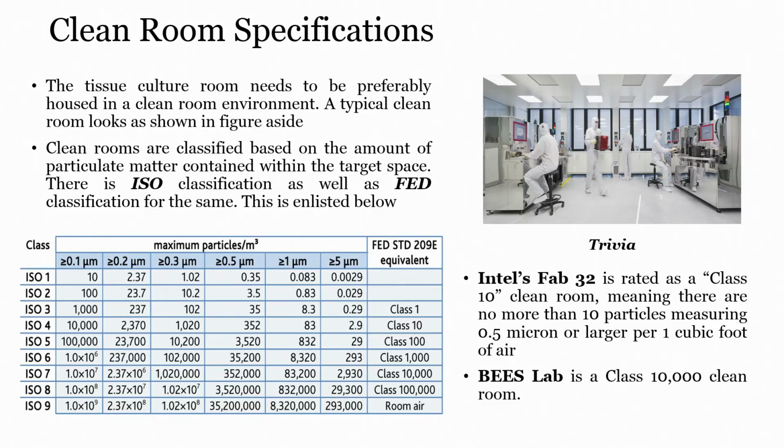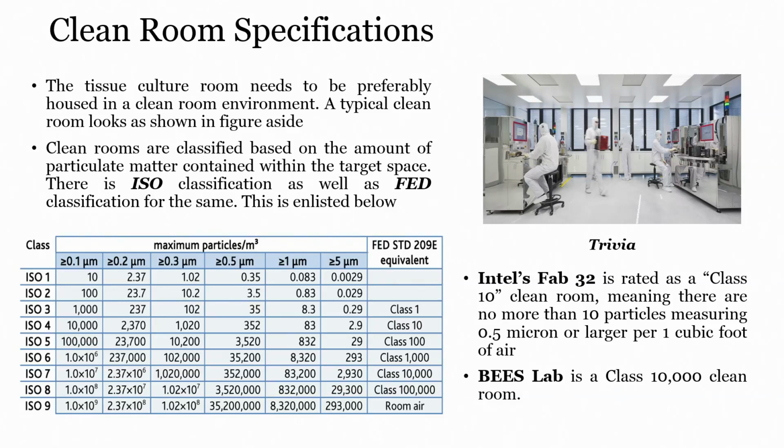Now, clean rooms are classified based on the amount of particulate matter obtained within the target space. So, within a space, how much particulate matter is present. Also there are ISO classifications as well as FED classifications. You can see here in the table, ISO 1 is really clean, about 10 particles greater than 0.1 micrometer, 2.37 for 0.2, 1.02 for 0.3, and these are maximum particles per cubic meter.